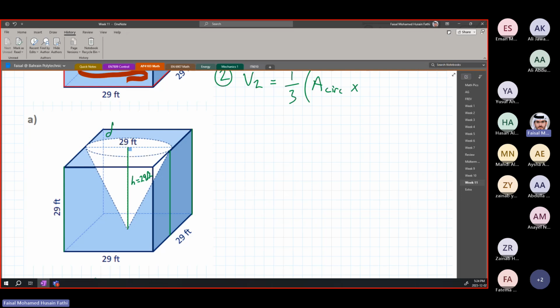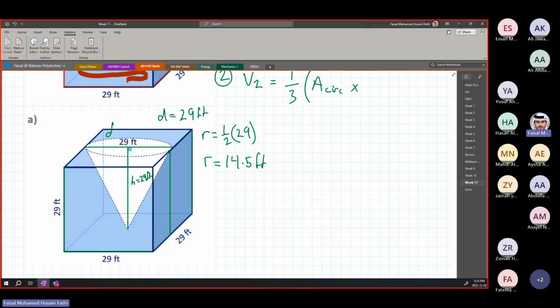The diameter is also 29 feet. They don't even need to give you this because this is also 29 feet, so they have to all be equal. Remember that this is diameter. Since diameter is equal to 29 feet, the radius is going to be equal to 1/2 of the diameter. So the radius is equal to 29 divided by 2, which is 14.5 feet.